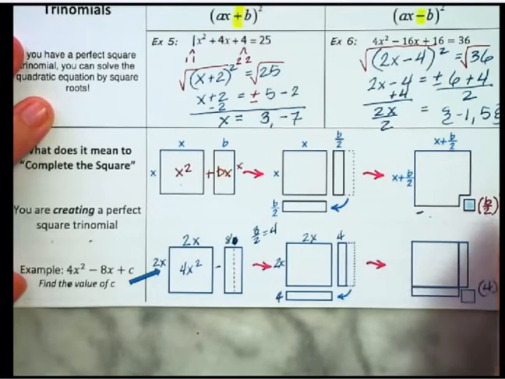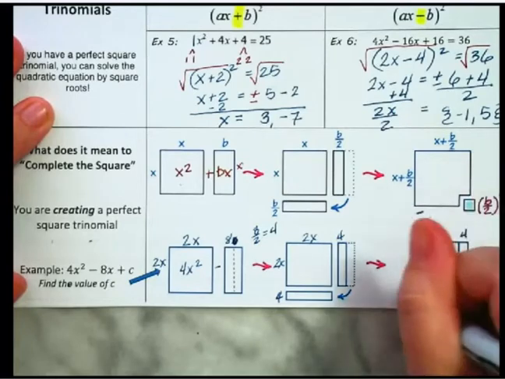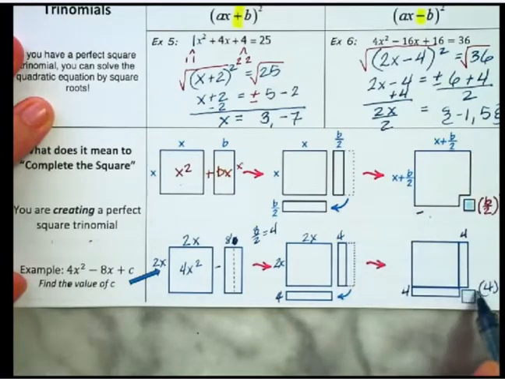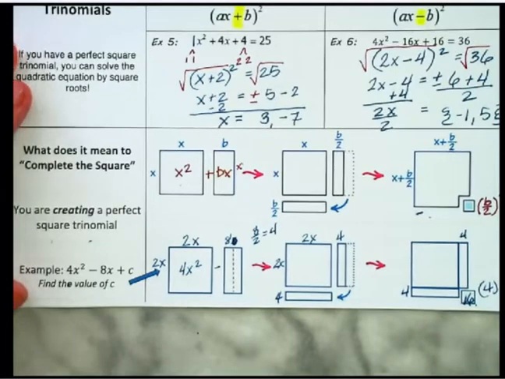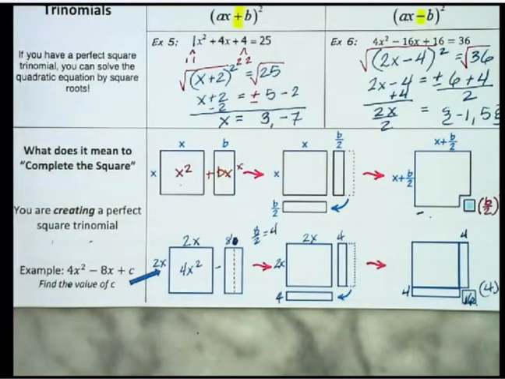So 4 squared, this is 4 and this is 4. If I filled in this square, it would be 4 by 4, which is 16. And I made it a little bigger so that we could write in it. It is 16.